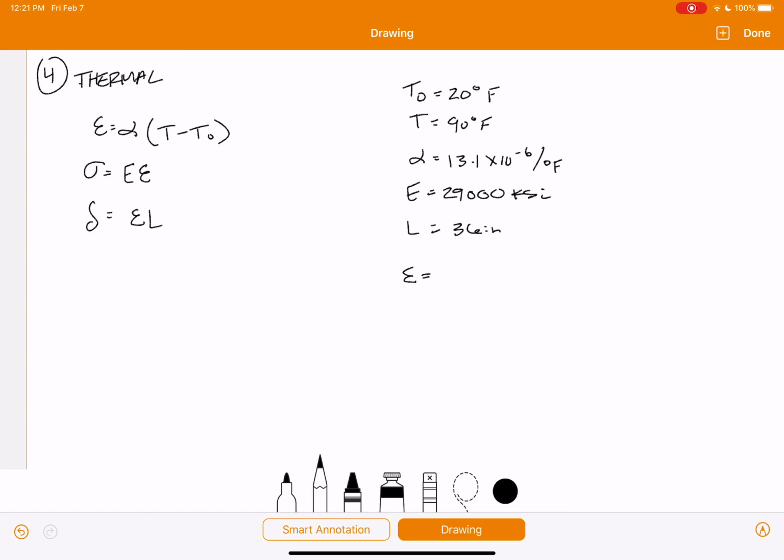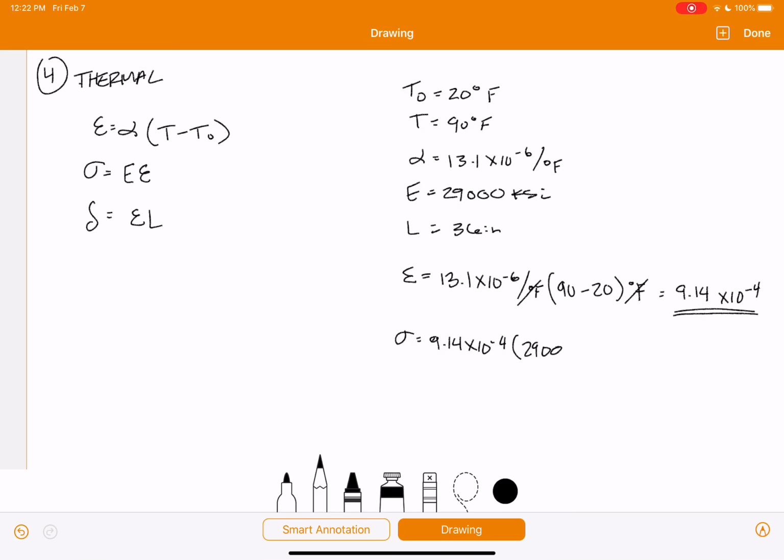Epsilon is going to equal 13.1 times 10 to the negative 6 per degree F times 90 minus 20 degree F. So these will cancel, and we will end up with 9.14 times 10 to the negative 4 for our strain. For our stress, we'll take that 9.14 times 10 to the negative 4 and multiply it by our E, which is 29,000 KSI, and we will get 26.6 KSI for our stress.